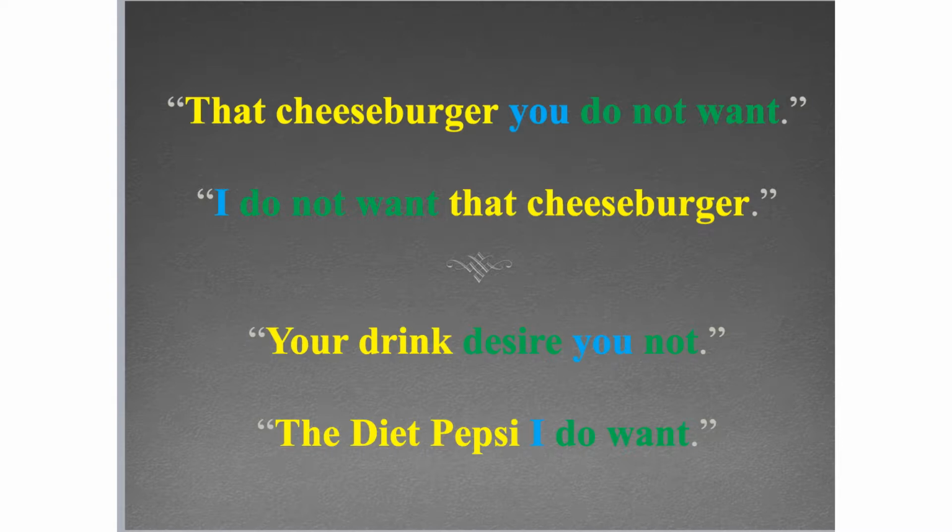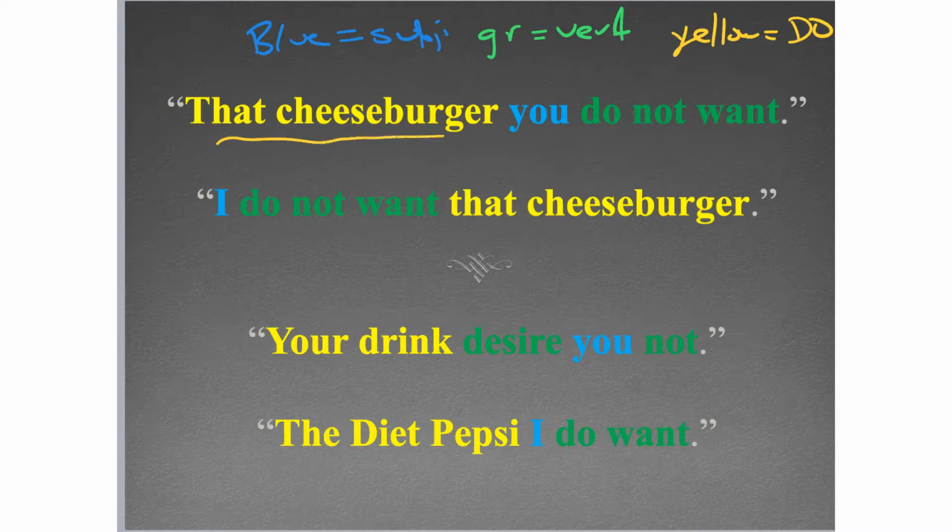So just by virtue of color coding, blue is our subject, green is our verb, and yellow is our direct object, all right? With Yoda, you can see that the direct object comes first.